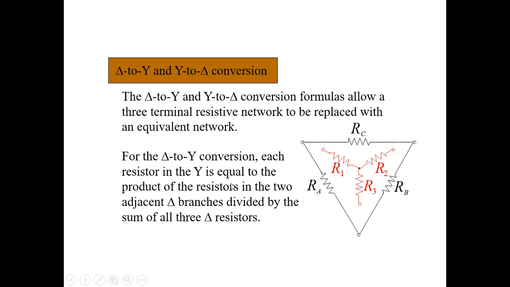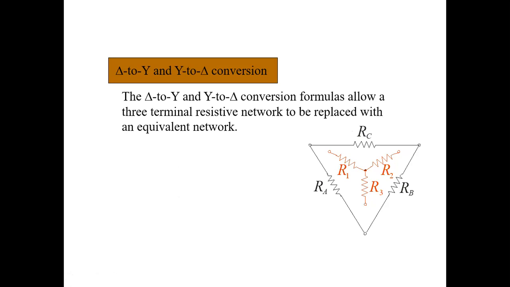The value of R1 is equal to the product of the resistors in the two adjacent branches, which for R1 are Ra and Rc, divided by the total sum of all three resistances. So R1 is equal to Ra Rc divided by Ra plus Rb plus Rc.